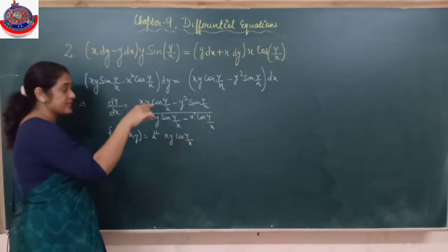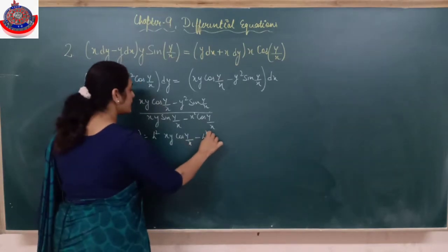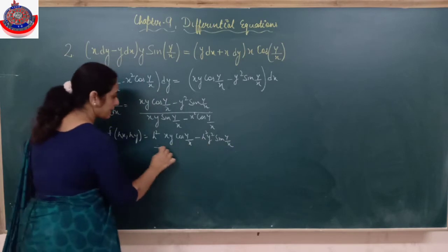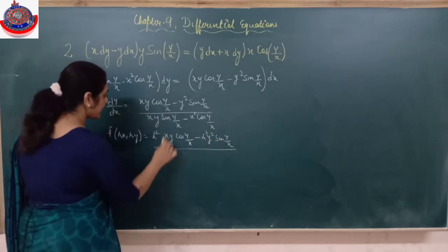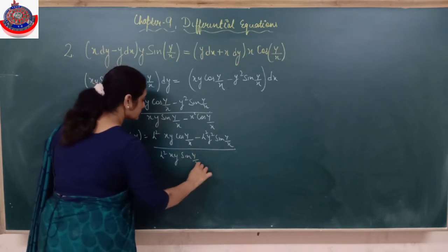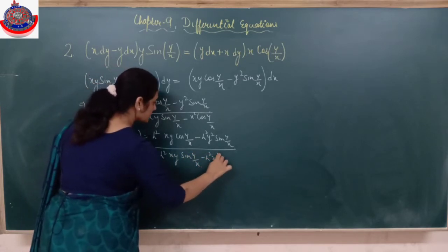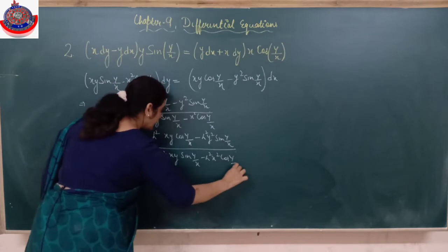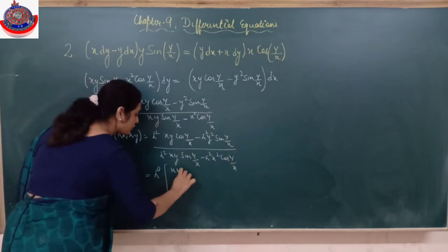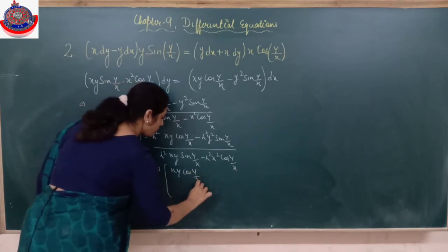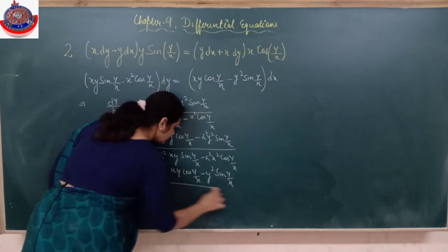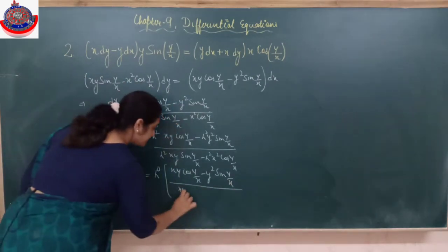Lambda y, lambda x, lambda lambda cancel, y square, lambda y square. Here lambda x, lambda square xy. Lambda can be common, lambda square up and down, so lambda 0. So I am left with the same function from where we started. Alright.